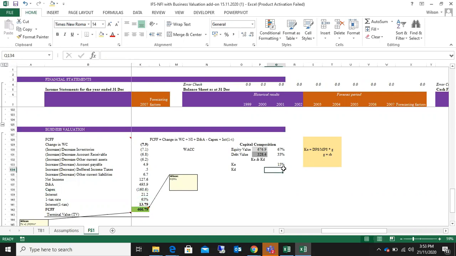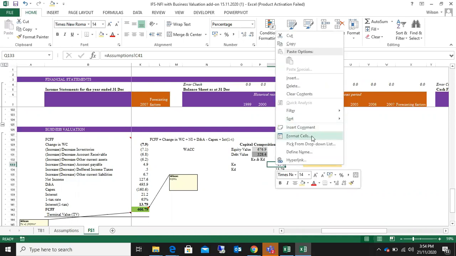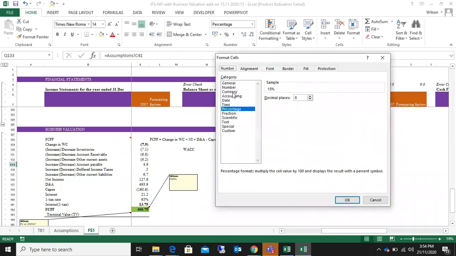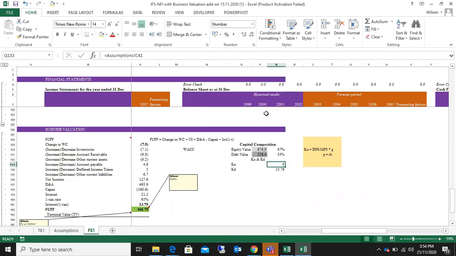I have this, so you don't have to waste time. So the after tax cost of debt is 13.79. Okay, so this is the same thing as 0.15. Okay, so 0.15, 13.79.